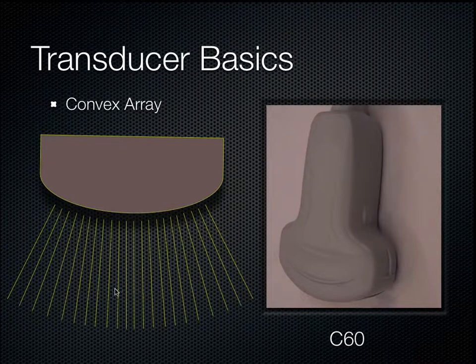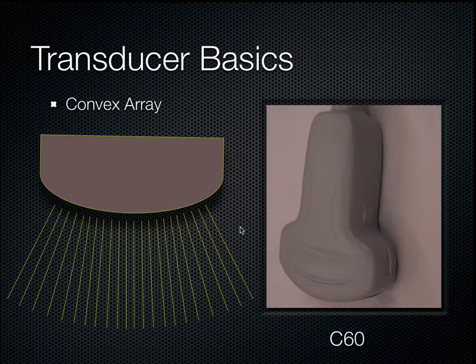When you're straight down the middle, they're a little closer together. You get out to the edge again, they splay out from one another. So whenever you're working with an array like this convex array here, the best resolution is going to be usually right down the center of the screen. That's why I try to center stuff on the ultrasound screen whenever I can. Not so much of a problem when I'm working with a nice big footprint convex array probe or curvilinear probe.